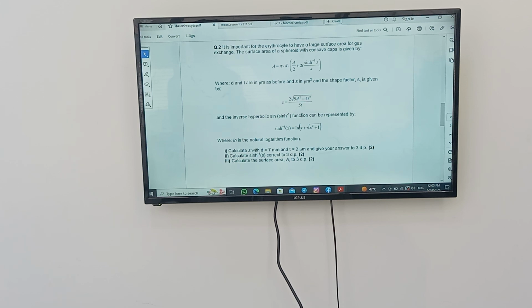How do we know what the value of this S is? By using a further equation. The equation of the shape factor is 2 multiplied by the square root of 9 by the diameter squared minus 4 by the thickness squared. All of the result of this equation is further divided by 5 multiplied by the thickness.